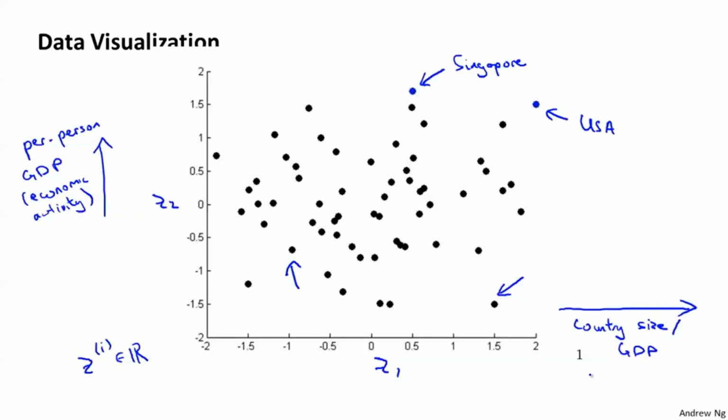So you might find that the axes Z1 and Z2 can help you to more succinctly capture the two main dimensions of variation amongst different countries, such as the overall economic activity of a country, reflected by the size of the country's overall economy, as well as the per person individual well-being measured by per person GDP, per person healthcare, and things like that.